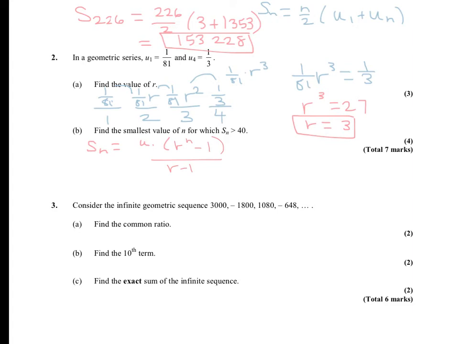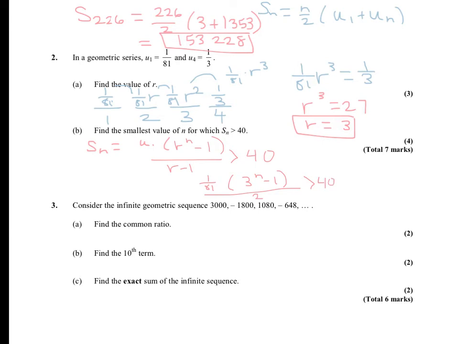So we're going to substitute in what we know because we want that to be greater than 40. Okay, so u sub 1 is 1 over 81. r is 3. And so 3 minus 1 is 2. So we substitute in what we know, and then we're going to go ahead and solve.